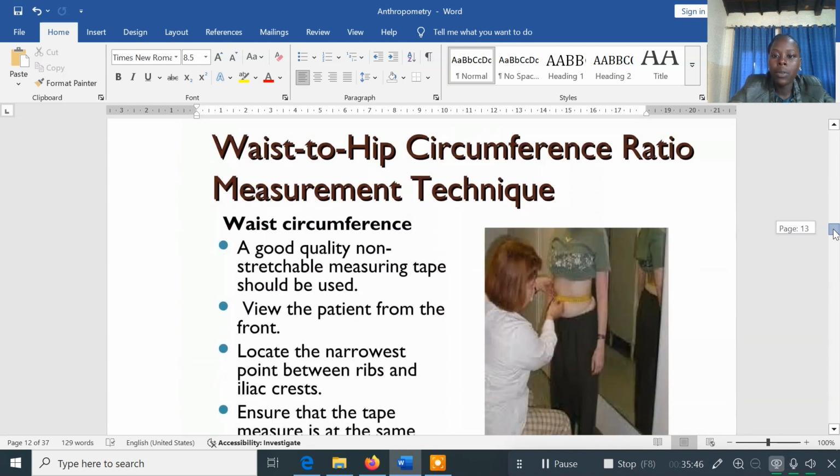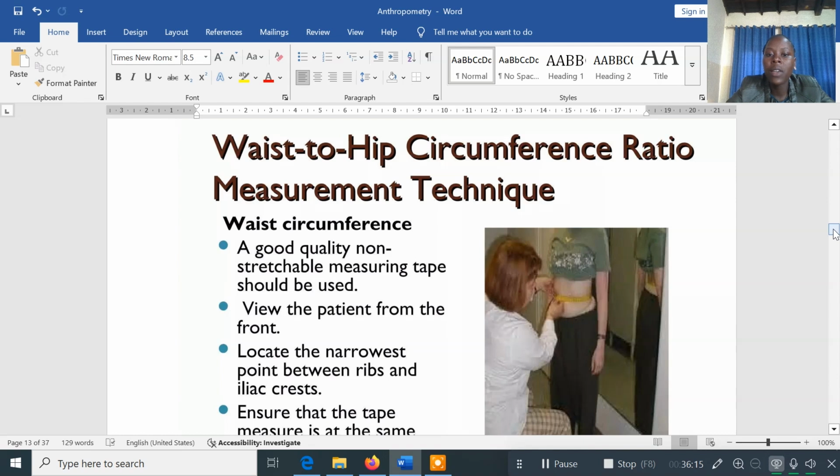Now we are going to look at the measurement technique of hip and waist circumference. We are going to start with the waist circumference. If you are to take the waist circumference of someone, a good quality non-stretchable measuring tape should be used. That's why you saw in our requirements that we prepared a measuring tape.